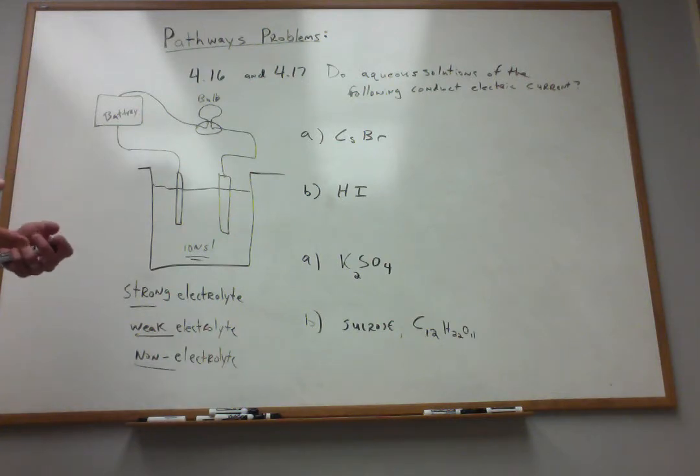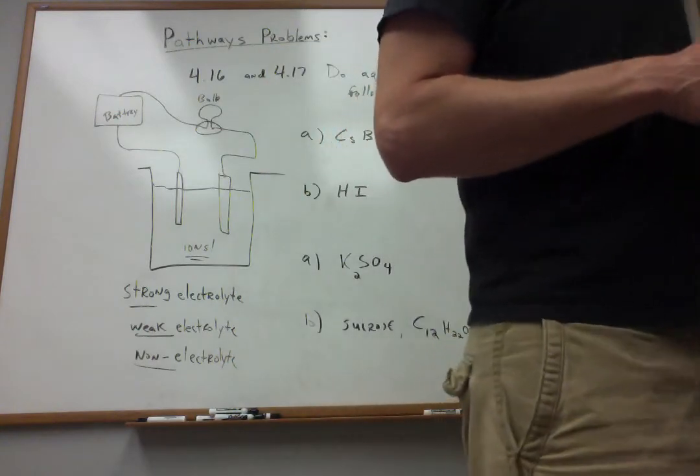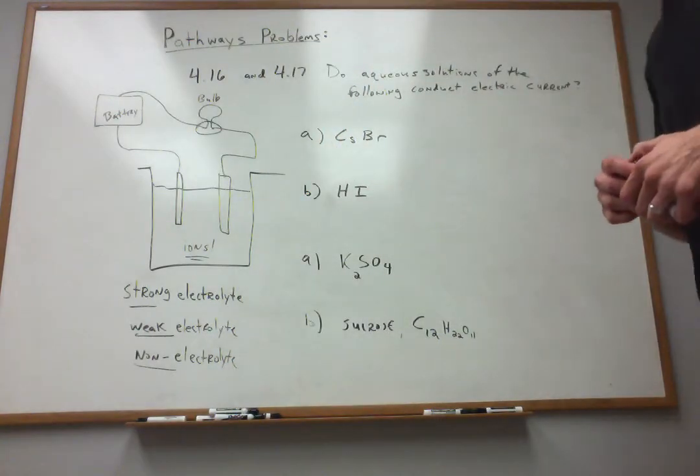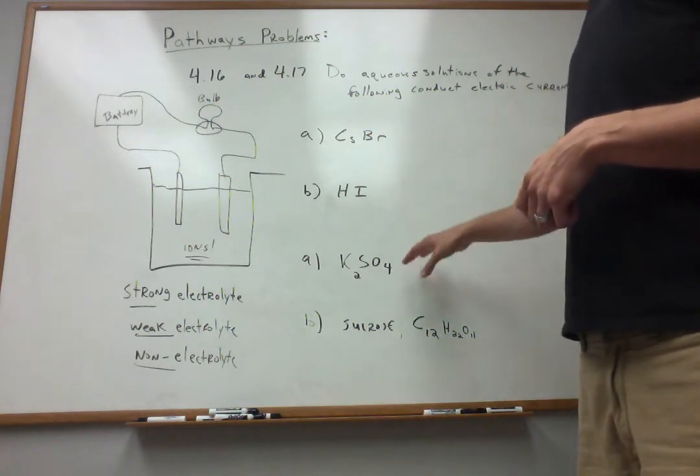It needs to be ions, and those ions need to become hydrated inside the solution. If that occurs, the solution will conduct electricity quite well. If it does not occur, we will not have a very good conductive solution. Okay, so let's just dive in and work through this.